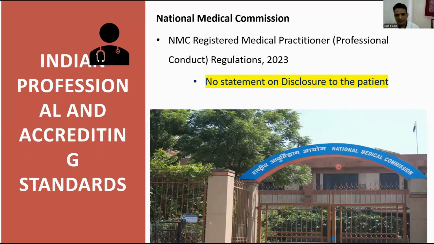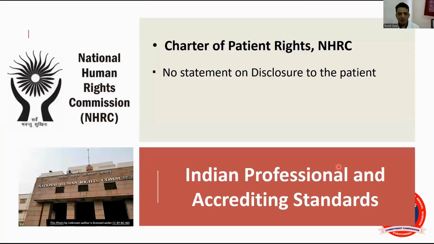The next reference that we can take is the Charter of Patient Rights by the National Human Rights Commission. This commission published a list of patient rights, citing that patient rights are human rights. If we go through these rights, a variety of rights have been emphasized. Yet the most important one remains the right to be informed about the physical condition at all times.